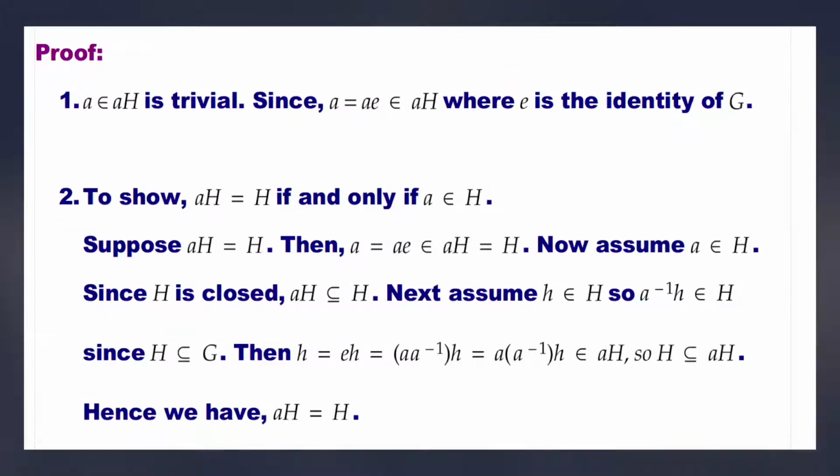Let us prove these. The first one, a in aH is trivial since a is equal to ae in aH, where e is the identity of G. The second one, to show aH is equal to H if and only if a in H. Suppose aH is equal to H, then a is equal to ae in aH is equal to H. Now assume a in H. Since H is closed, aH is a subset of H. Next assume h in H also. a inverse h is in H since H is a subset of G. Then h is equal to eh is equal to a a inverse h, which is in aH.